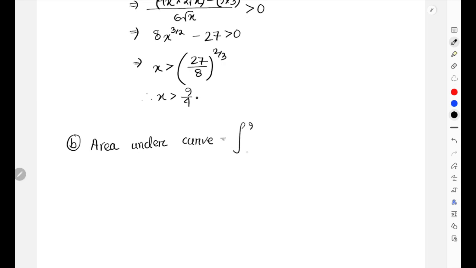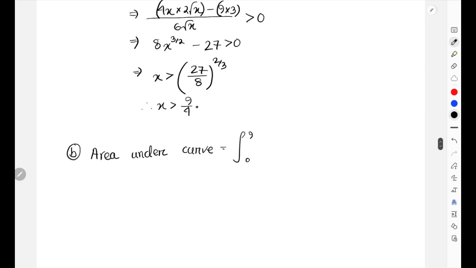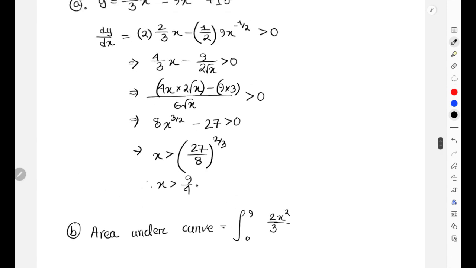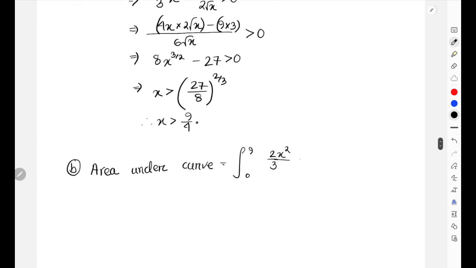This is your 9 over 0 boundary, and the equation was 2 by 3x squared, and then 9 minus 9x to the power of half plus 13.